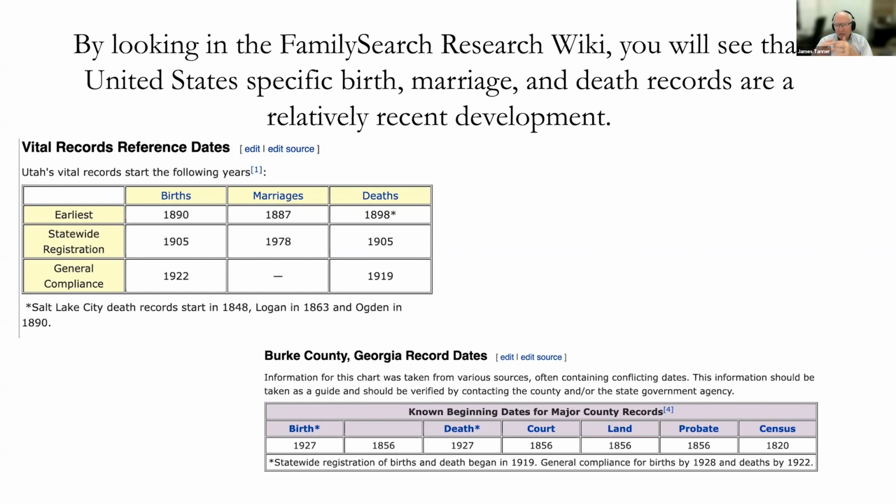Statewide registration, meaning they said it's time everybody recorded their birth dates, began about 1905. But it wasn't until 1922 that there was a mechanism where the hospitals, doctors, midwives and everyone filled out the birth certificates, so that everyone became required to have a birth record.